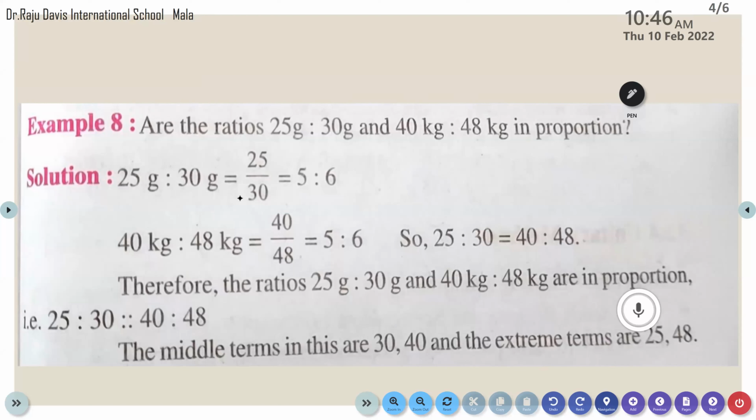Are the ratios 25 gram is to 30 gram and 40 kilogram is to 48 kilogram in proportion? Yes, ma'am.